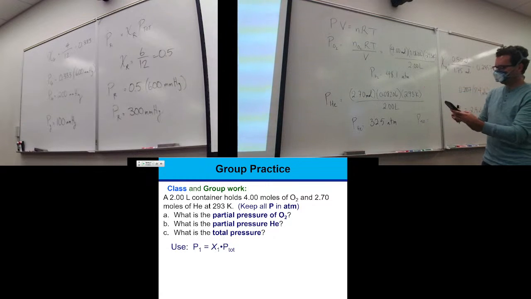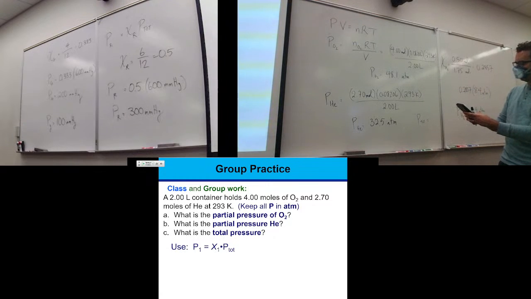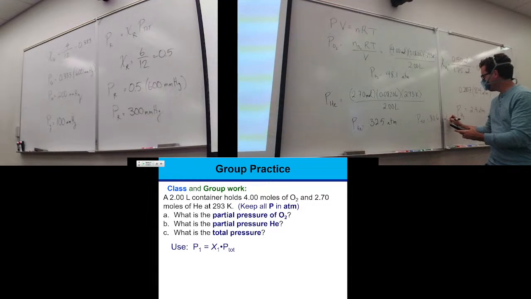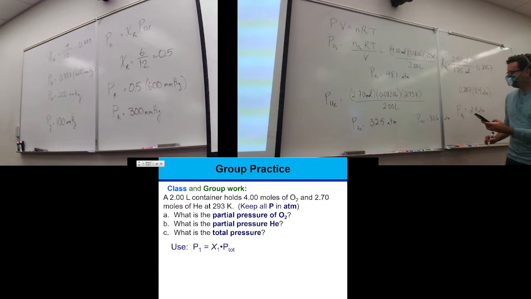Did I do this one right? Hold on a second. 4 times 0.08206 times 293 divided by 2. Okay, I did it right. I'm just not remembering the correct answer. Oh, I added it wrong. Okay, sorry, 80.6 atmospheres. Hopefully that's it. Okay, so that's the total pressure.